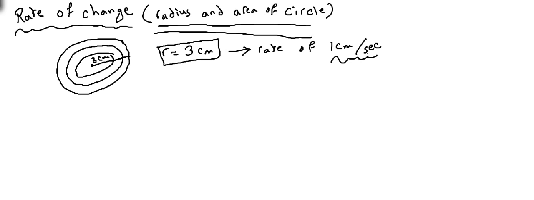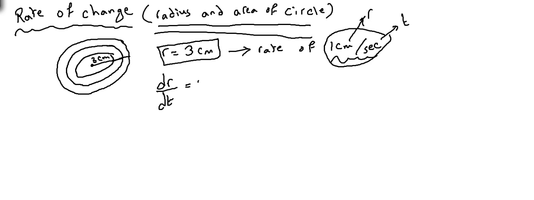The centimeter is the length of the radius, and the second is time. So this is the rate of change, the increase of the radius in terms of time. We can say that dr over dt is equal to 1 centimeter per second.